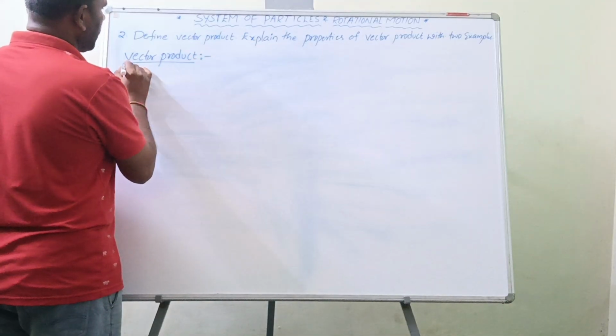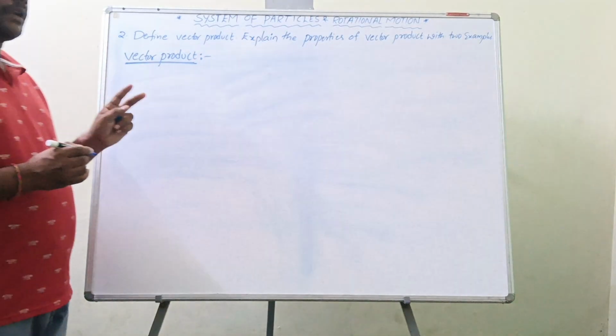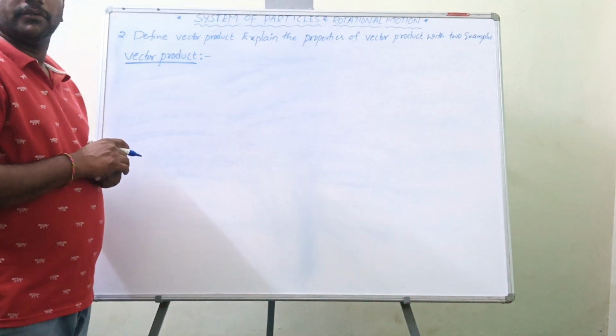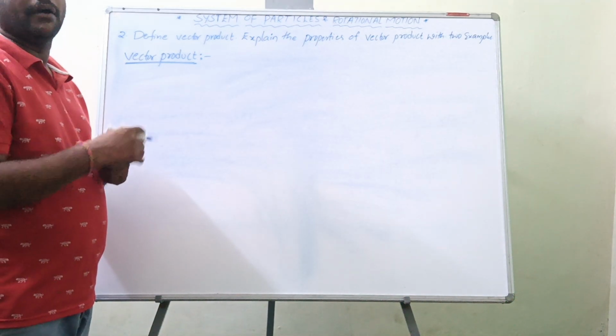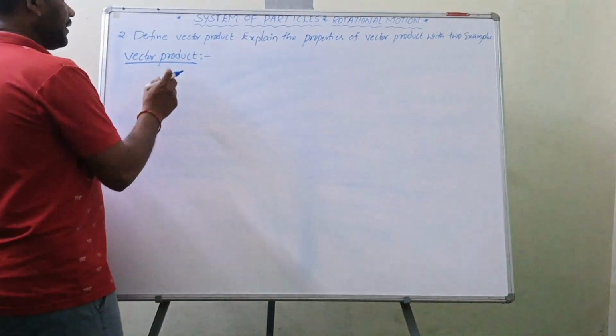So what is a vector product? If two vectors are multiplied to give a vector, then the product of two vectors is a vector product.